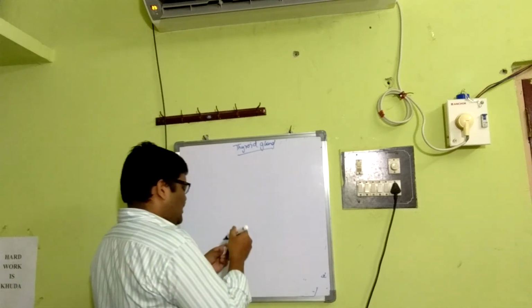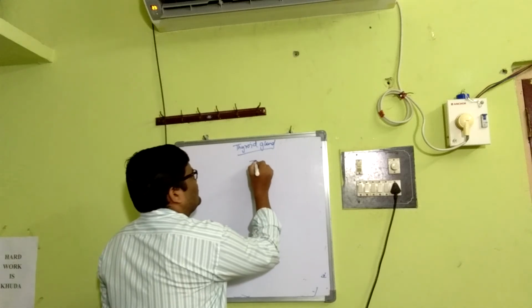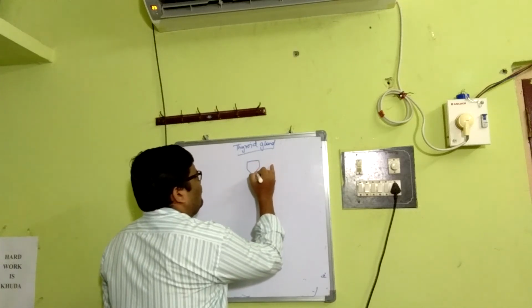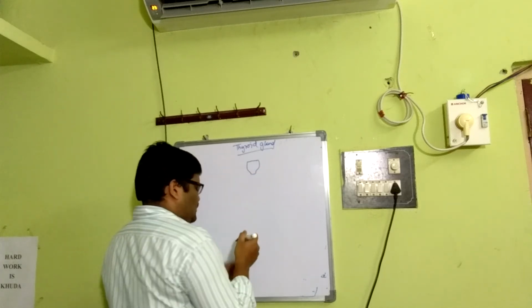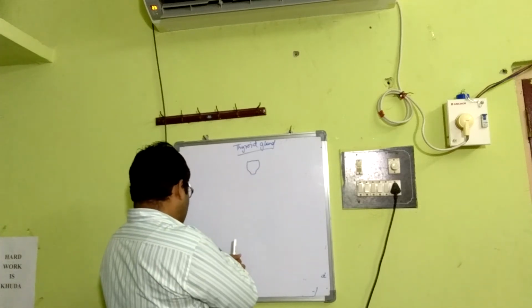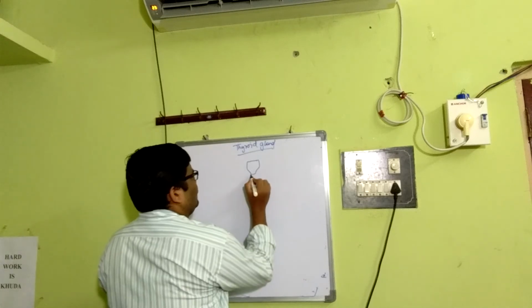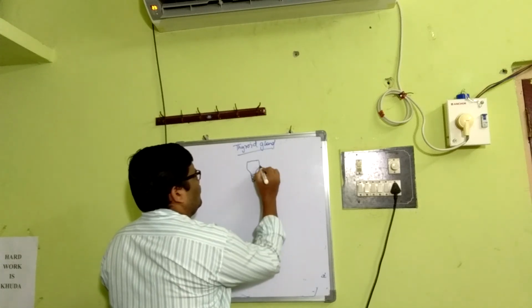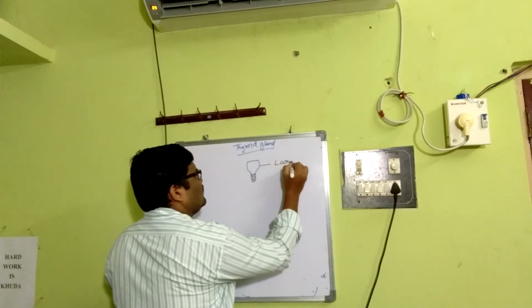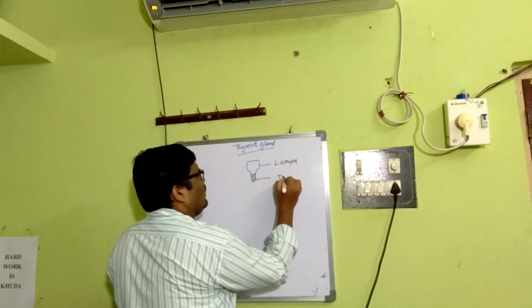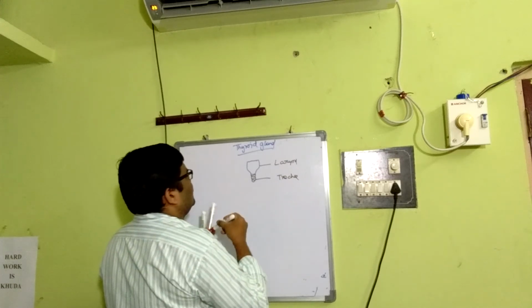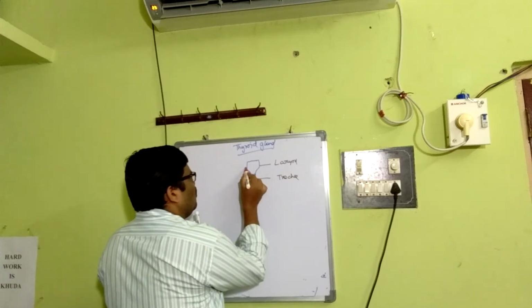For example, where is the thyroid gland located? It is nearly at the junction of the larynx and the trachea. This is the larynx, and this is the trachea, and it is present in the form of two lobes.